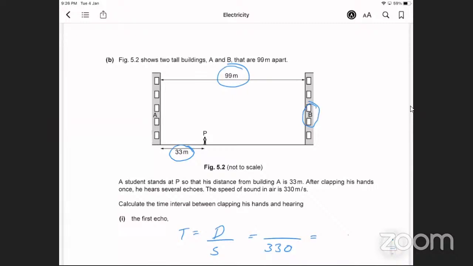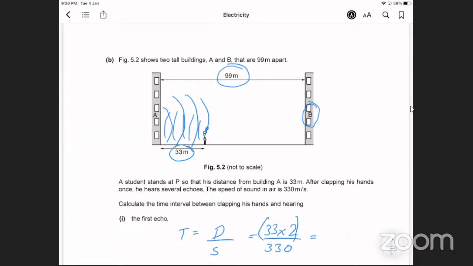They're saying after clapping his hands, he hears several echoes, right? Calculate the time interval between clapping his hands and hearing. So remember, when he claps his hands, the sound is starting from P. It travels to building A and is reflected back to him. So it's traveling that distance twice. 66. Yes, it's traveling that distance twice. So you say 33 times 2. This is an echo, so it travels the distance twice.